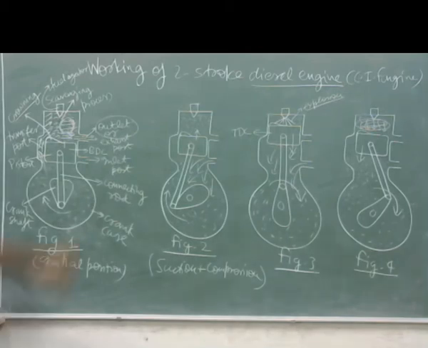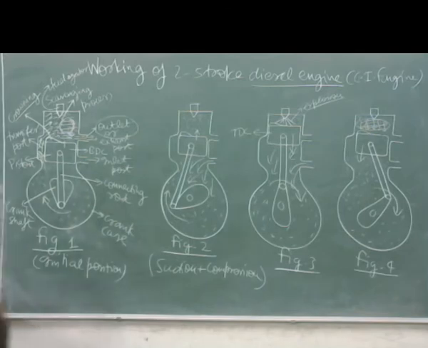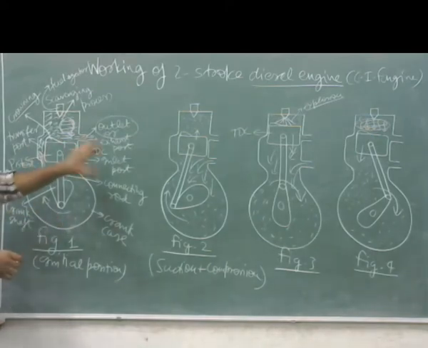And this process is known as the scavenging process. Now I think you all understand how this fresh air comes here and how this fresh air comes below the piston. So this is the whole process.